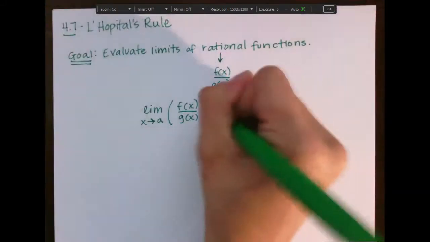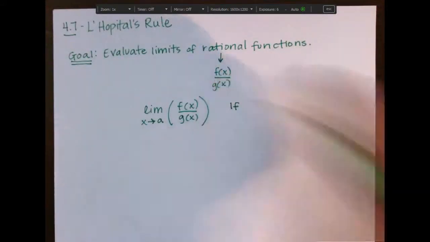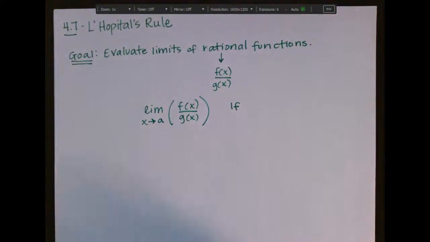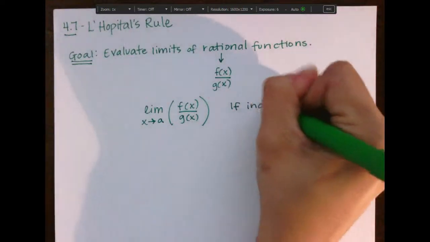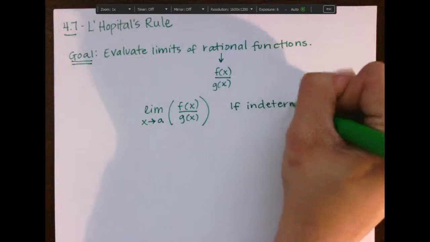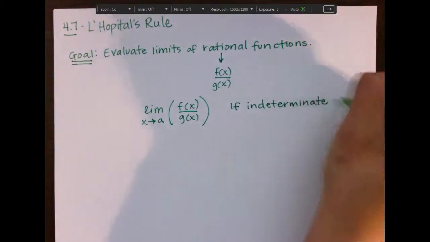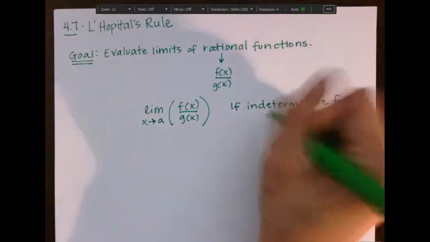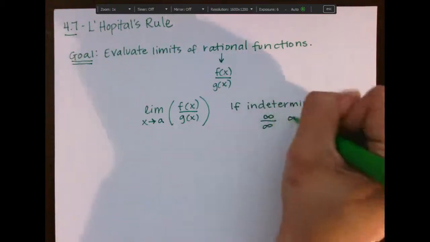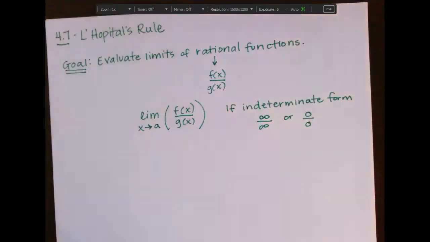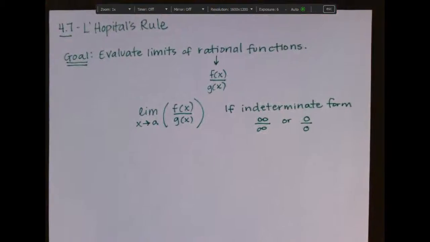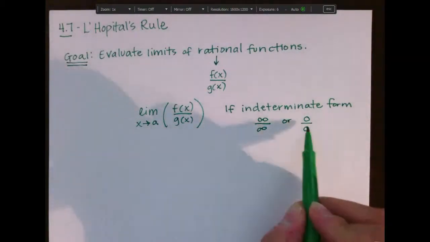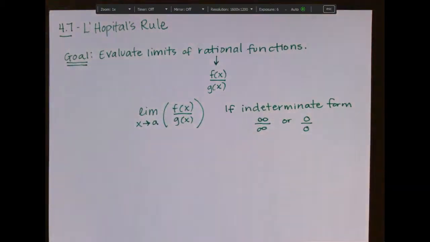L'Hopital's rule says that if you're finding your limit and you get an indeterminate form of infinity over infinity, or 0 over 0, then there's a special shortcut that we can use in order to find the limit of that function. These indeterminate forms are things that we can't actually calculate.